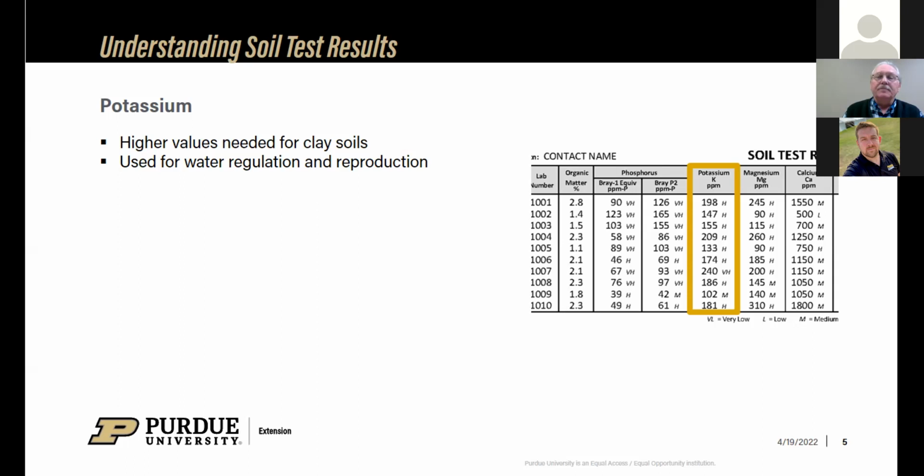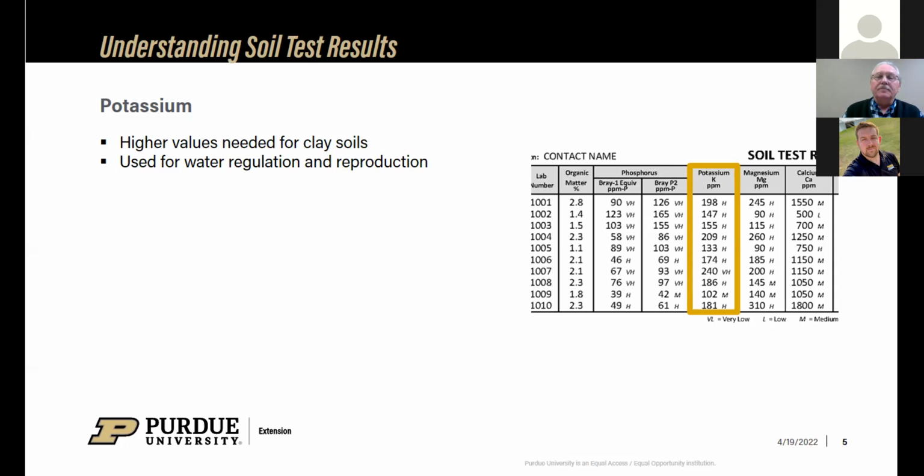So when we look at these numbers, most of these numbers are in the high range. We do have a couple that are very high, but you're going to notice that these numbers are much higher than what we'd see with the phosphorus levels. And usually potassium is used for water regulation and reproduction.